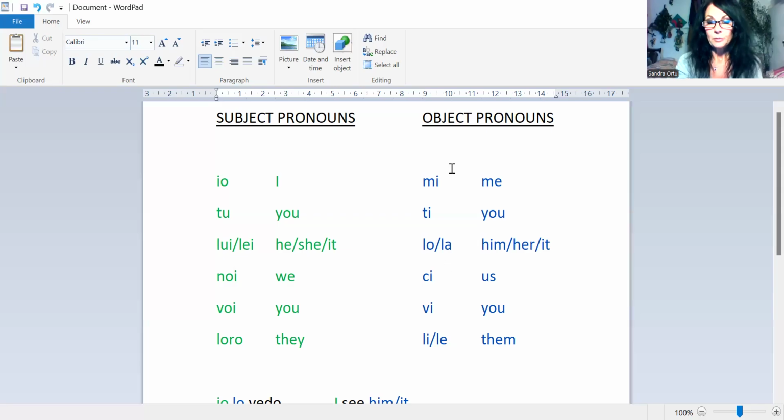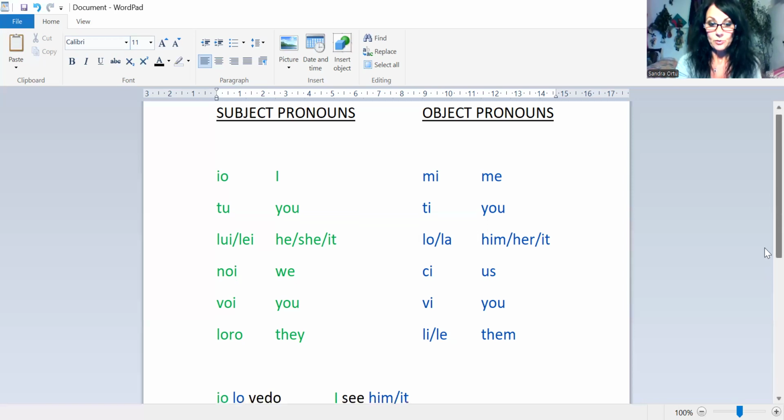So if you remember, I've got some examples later to see them in a sentence, very, very simple sentences, so we can concentrate exactly on these pronouns.